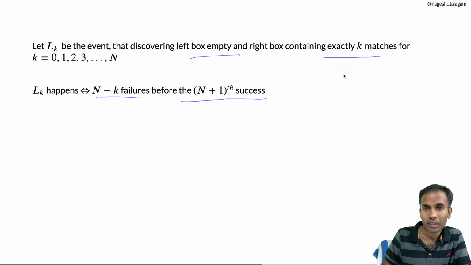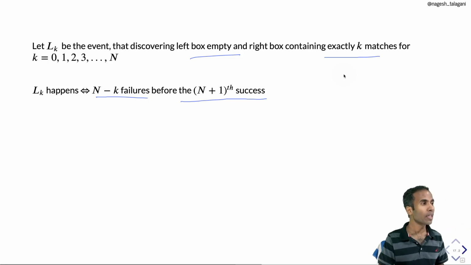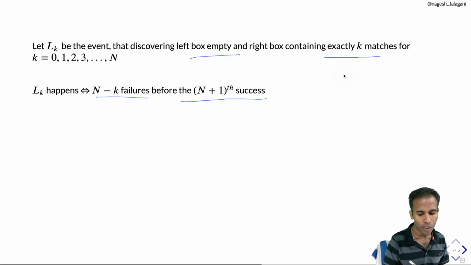Because if he had gone to the right pocket n minus k times, that means he must have used n minus k matches from the right pocket. So he will be left with exactly k matches in the right box. So Lk happens if and only if there are n minus k failures before the n plus 1 success.